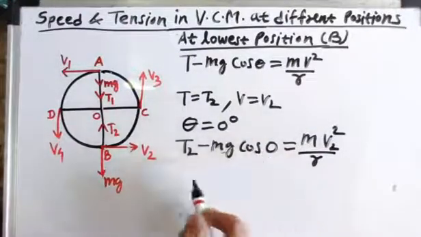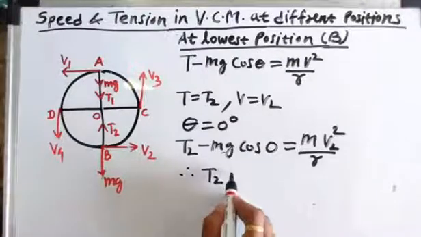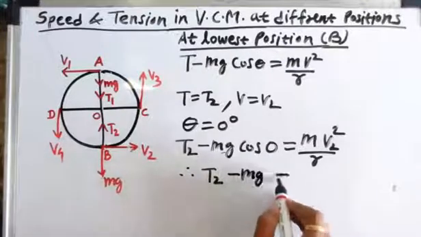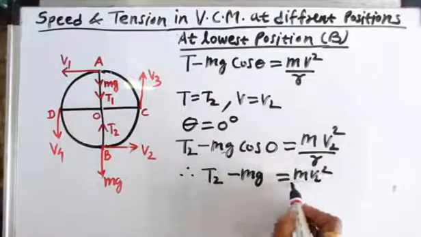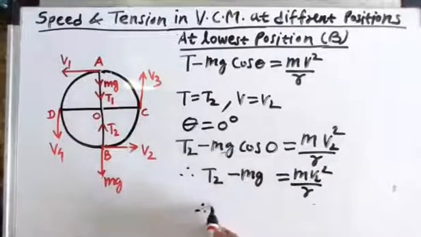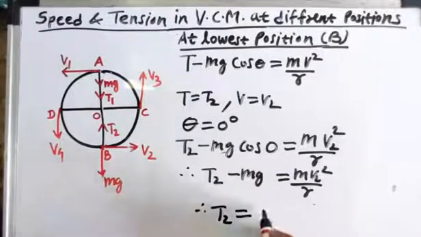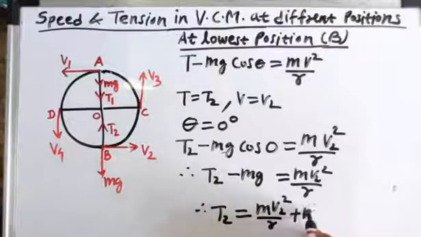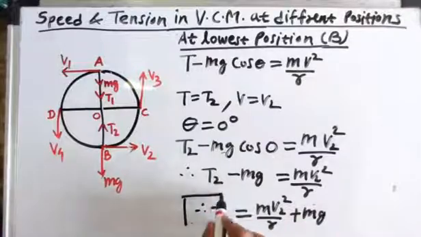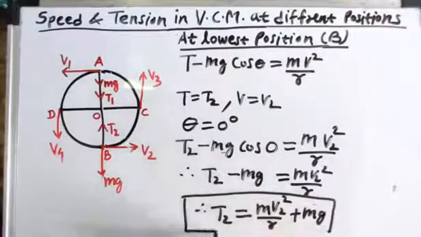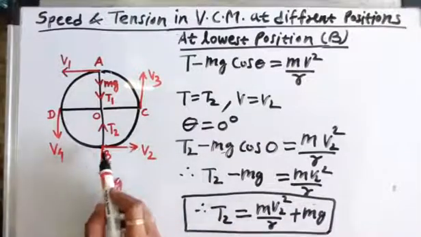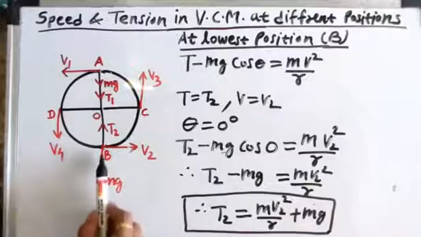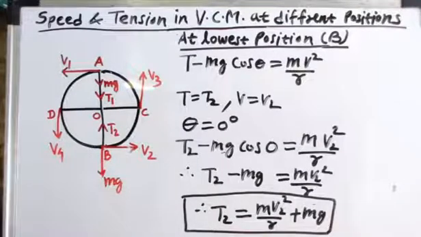Cos 0 is 1. Therefore T2 minus mg equals m V2 square upon r, so T2 equals m V2 square upon r plus mg. This equation gives the tension at the lowest position in vertical circular motion, that is at point B.